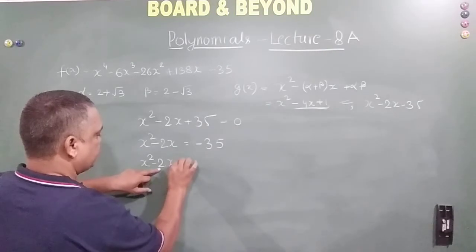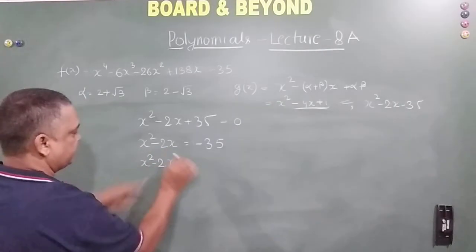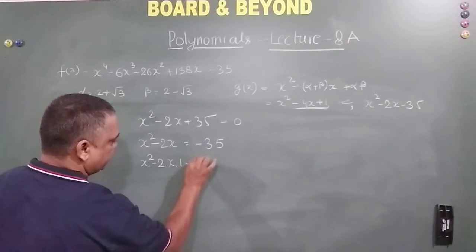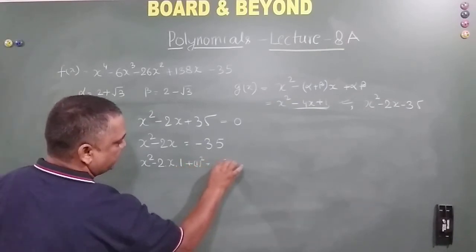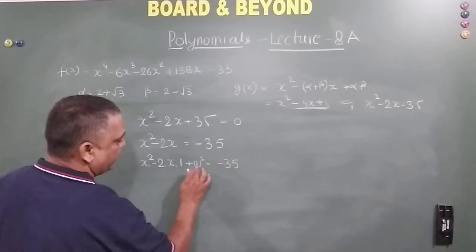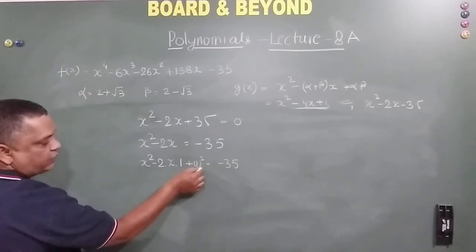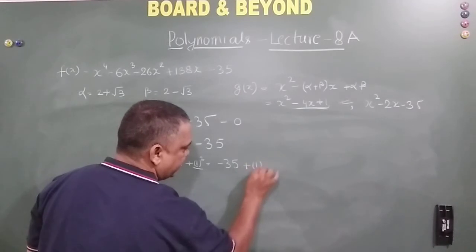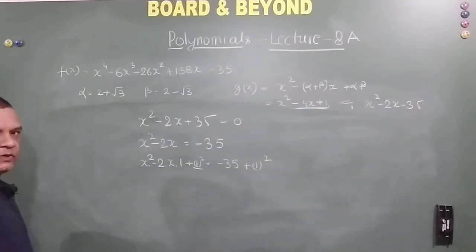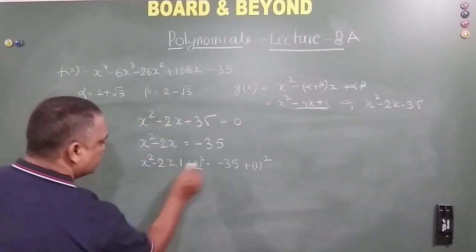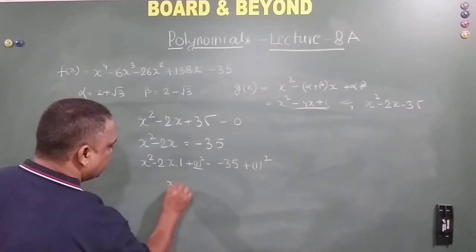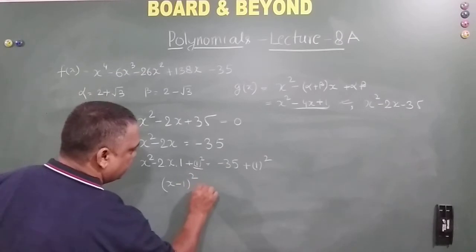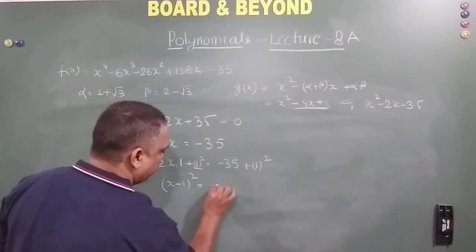B is equal to 1 here, then only this will remain unaltered. Plus b square, that is 1 square, is equal to minus 35. I have added 1 square on the left hand side, so let me add it on the right hand side as well so that the equation is not altered. So this becomes x minus 1 whole square is equal to minus 34.